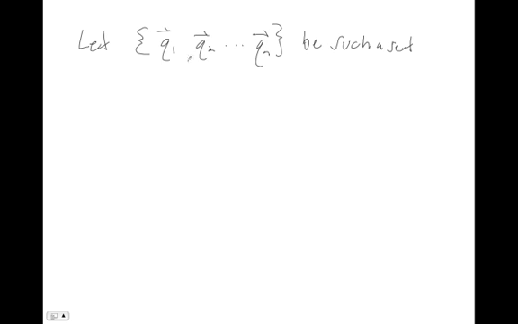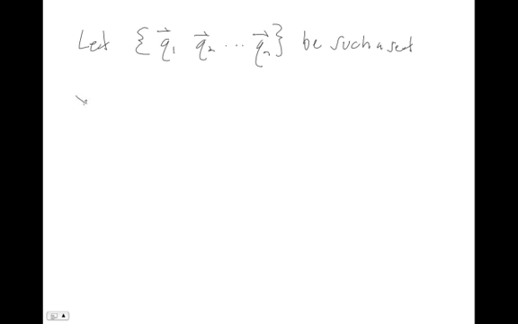Okay? So let this set be q1, q2 through qn. I'm imagining a set of n vectors, which I'm calling q1 through qn. So these are n linearly independent vectors.